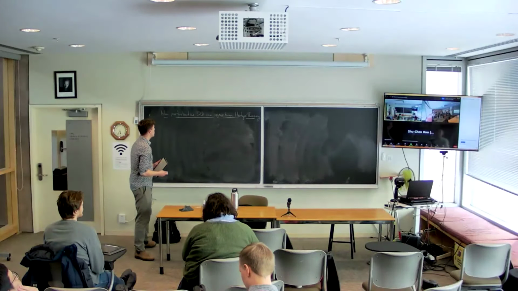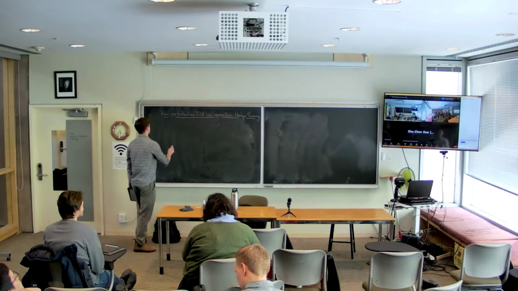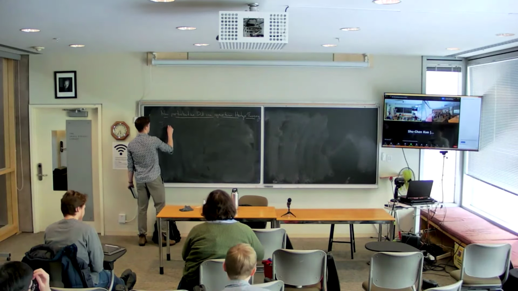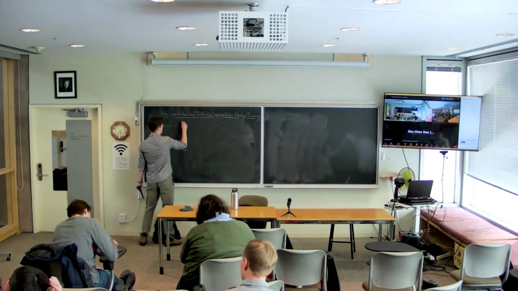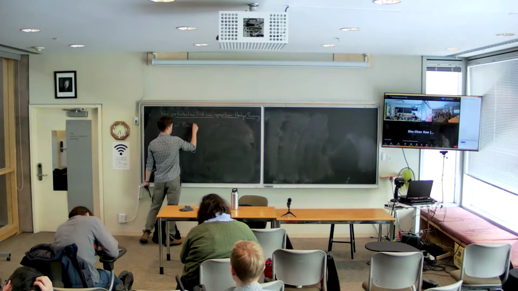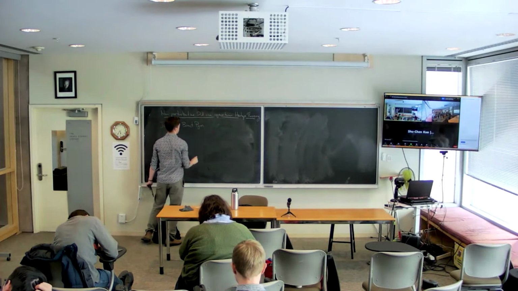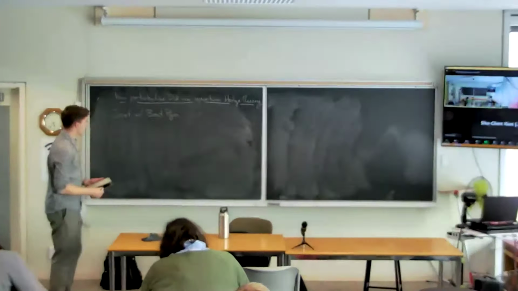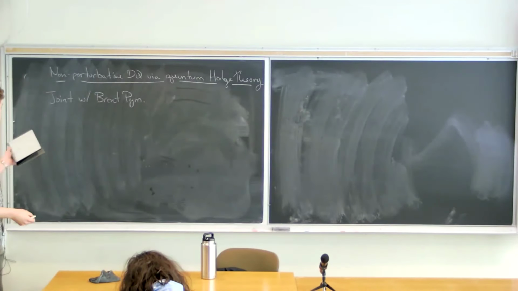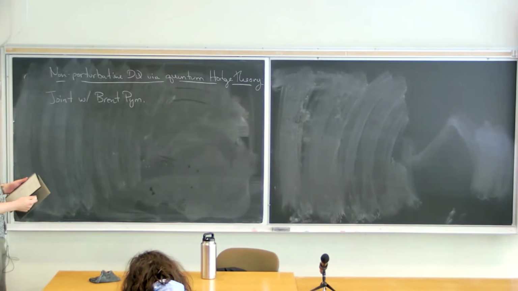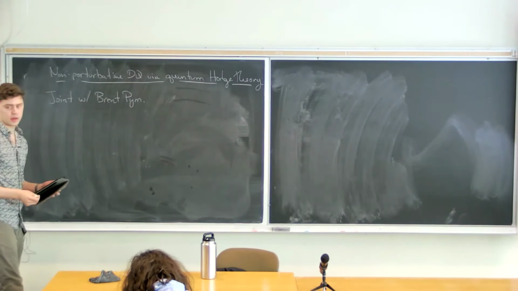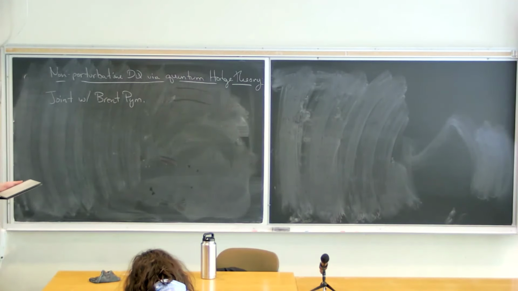Okay, so what I want to talk about is some joint work with Brent Pym. This is a series of papers that we're working on, and the first one just went up, I guess, in September on the arXiv.